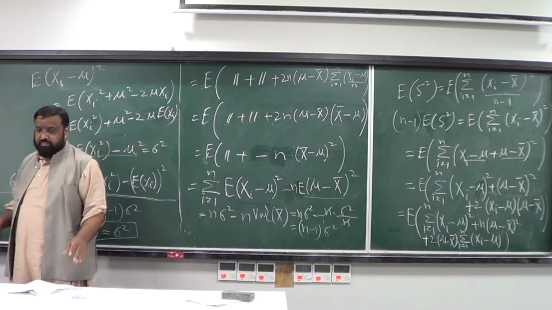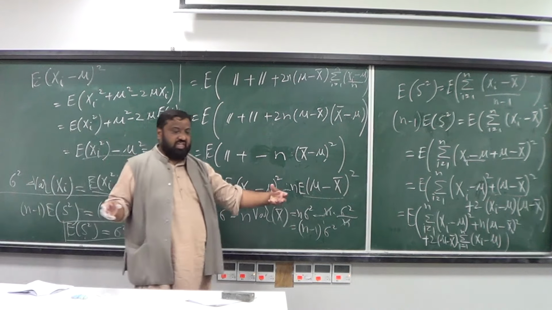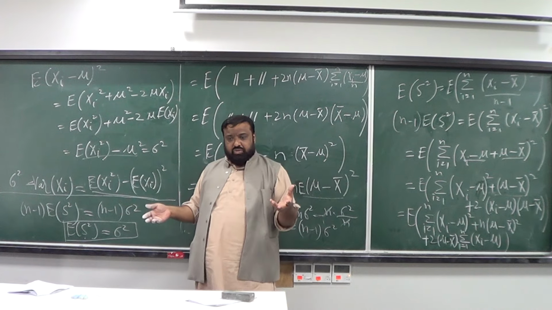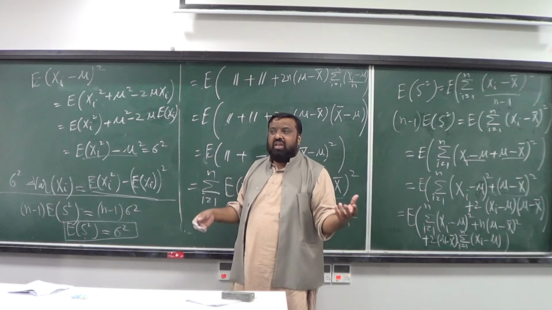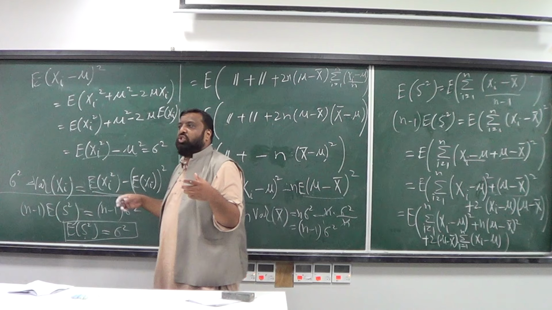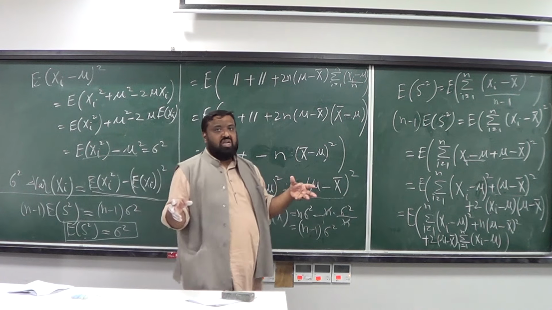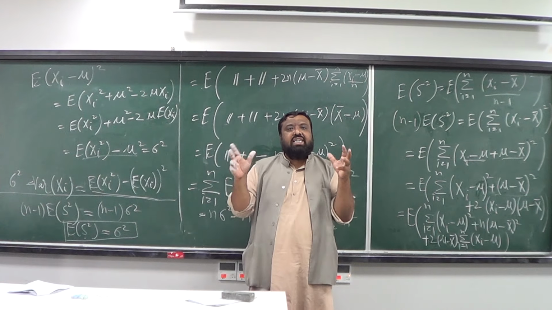In other words, if you have n data points which are independent of each other and identically distributed, so they have a mean mu and variance sigma square, and then you take, for example, the sample variance of it. What would be the value of the sample variance of that data?